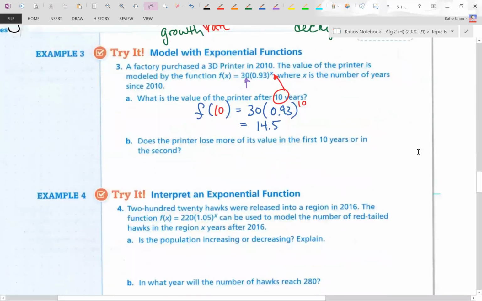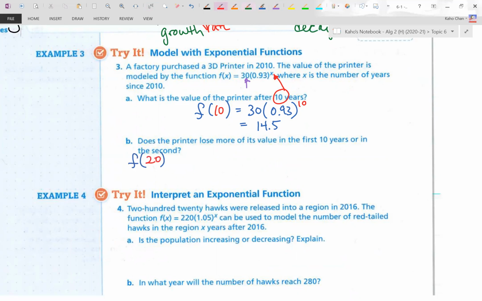Second question. Does the printer lose more of its value in the first 10 years or in the second 10 years? Interesting. So we already got the first 10. Let's take a look at the value after 20 years. Now, of course, you need a calculator to punch in this equation, 30 times 0.93.